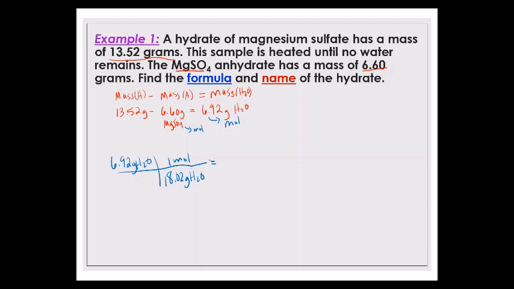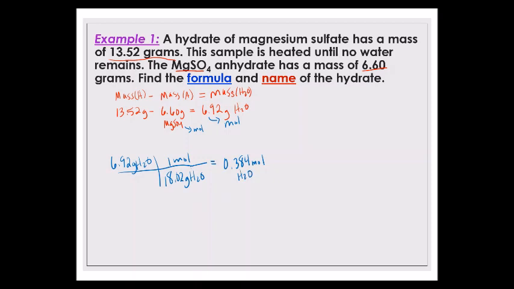And this is going to be 0.384 moles, keeping 3 significant figures following our data here. And remember, the significant figures are based off of the measuring tool, so this is based off of the scale or the balance going out 2 decimal places. So this is the moles of the water.